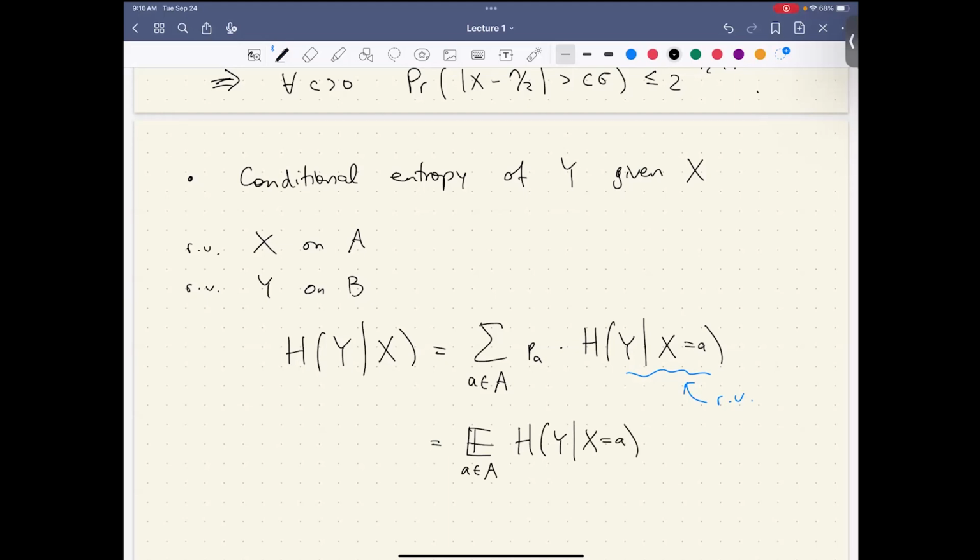All right. What we can think of this, again, intuitively, is that this is the information that we get from y after we already know everything about x.